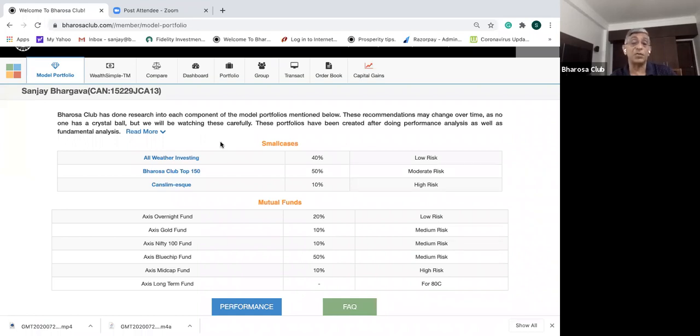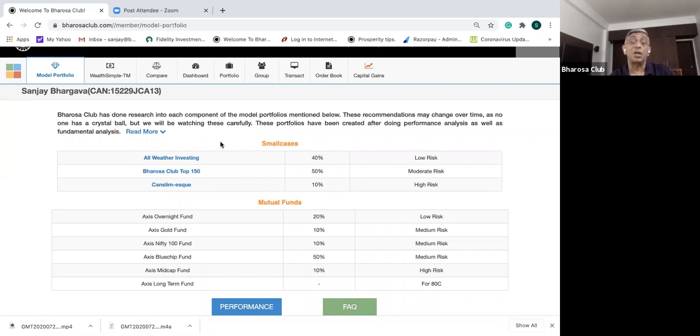In some cases, like in the equity funds, like the Axis Blue Chip Fund and the Axis Mid Cap Fund, if you don't hold the funds for a year, there may be an exit load, but still you can get out of them at any point in time if you want after you pay the exit load. It's also been mentioned at the end that if you need a fund for tax saving, then you could look at the Axis Long-Term Fund, which is a pretty good, well-performing tax saver fund.